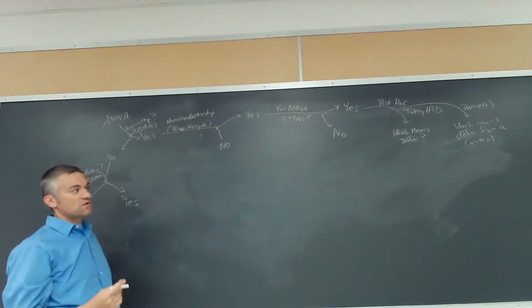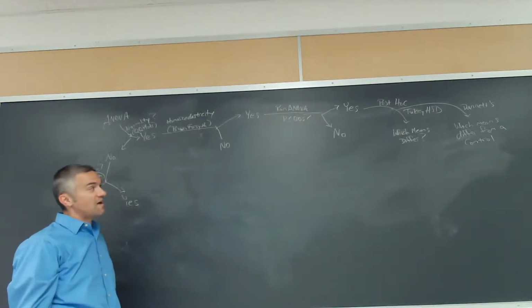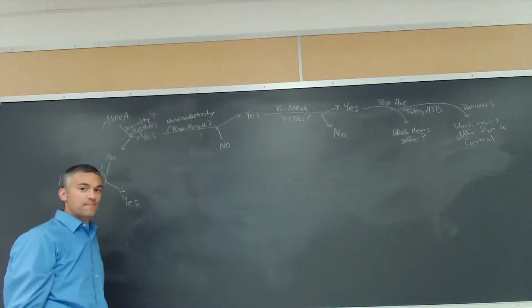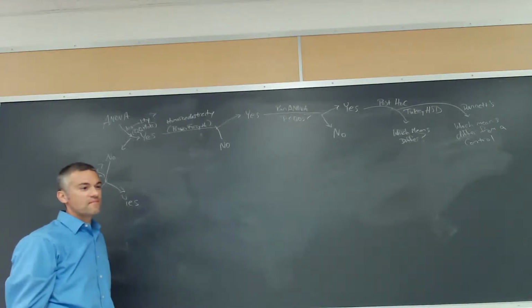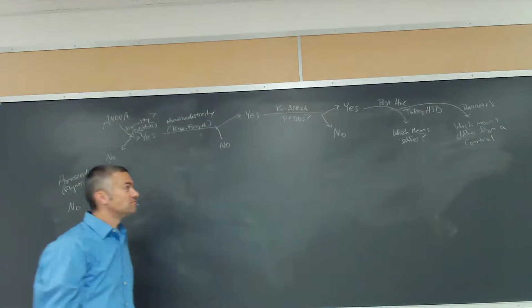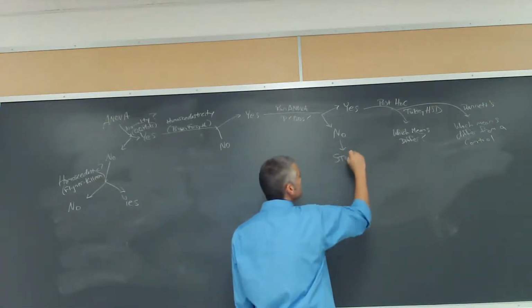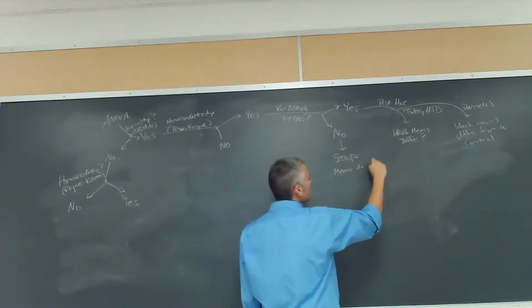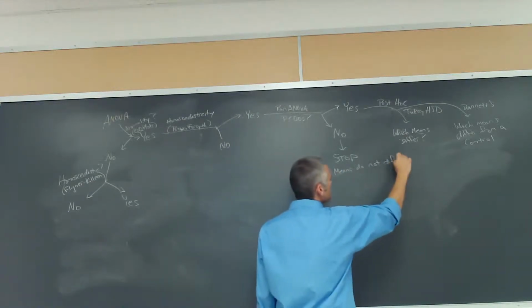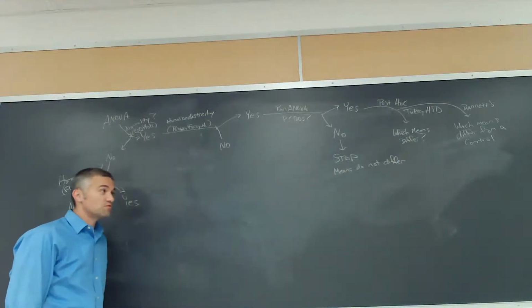Dunnett's is telling us which means differ from control. All right, what if the p-value is not less than 0.05? Then what do we do? Yep, we stop. The means do not differ. Stop there. We're done.